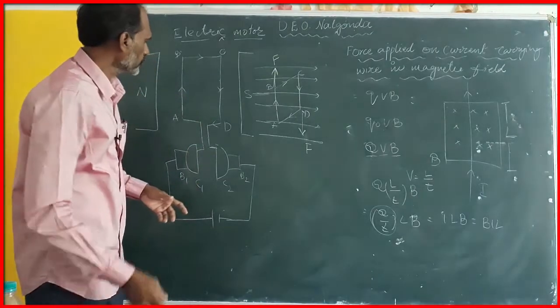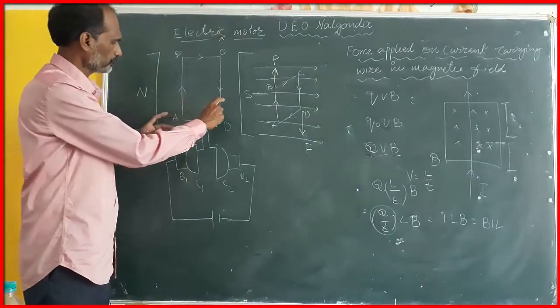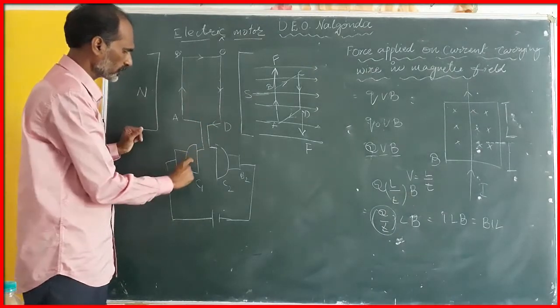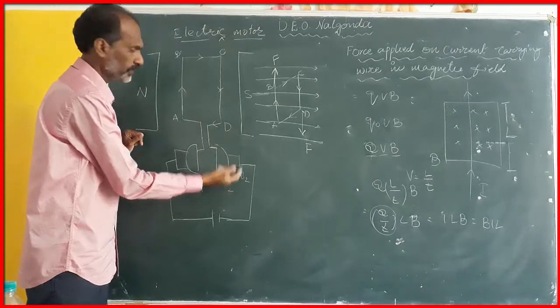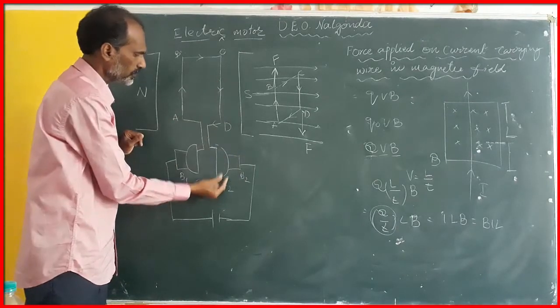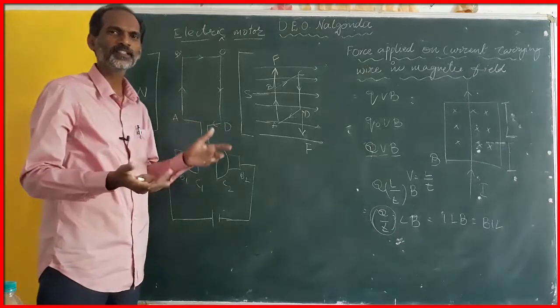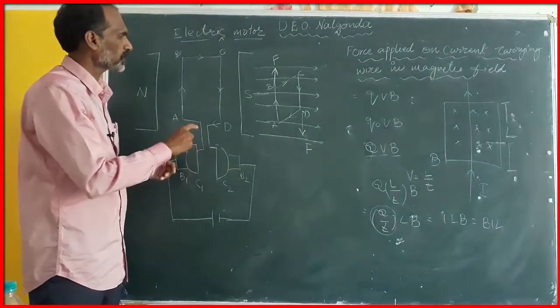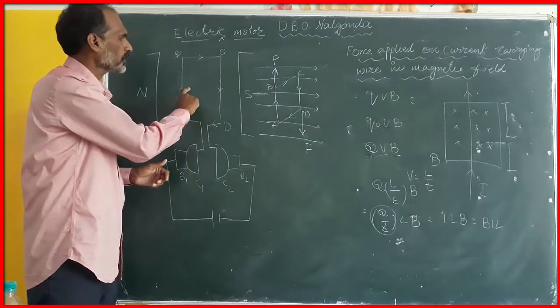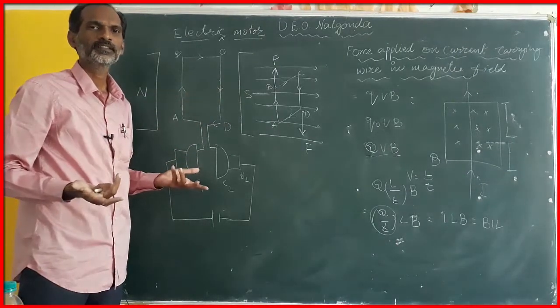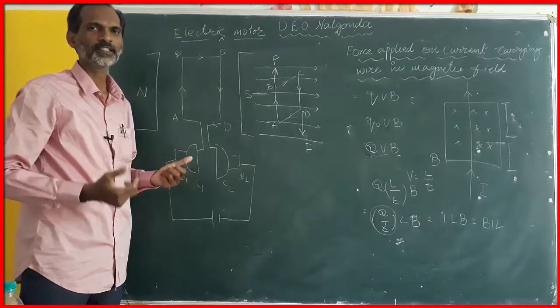As we have seen, the AB side along with C1 comes to the B2 side, and the CD side along with C2 comes to the B1 side. It means the direction automatically changes. By changing this direction, this coil rotates in the uniform magnetic field continuously. This is the simple working of the electric motor.